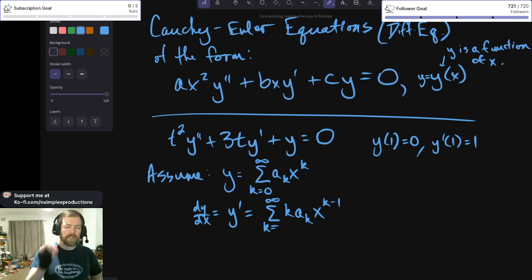If we end up plugging in k equals 0, notice what happens, right? The whole thing is just 0. So it's pointless to use k equals 0, so we just tick up and let k equal 1 and go from 1 to infinity.